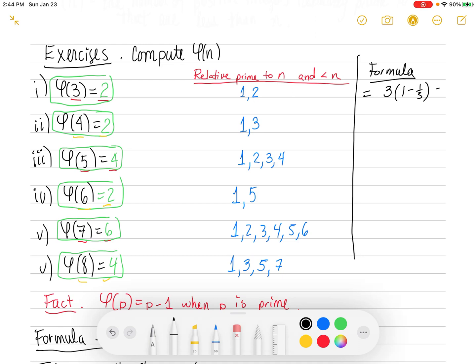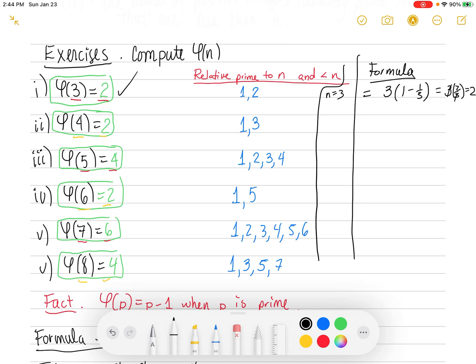So 3 times 1 minus 1/3, which would be 3 times 2/3. The 3's cancel and you get a 2. And right, that's exactly what we had back there. Now, when you're dealing with phi of 4, so here you have n.